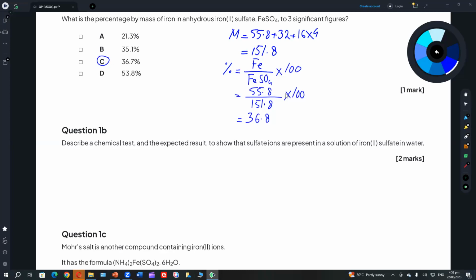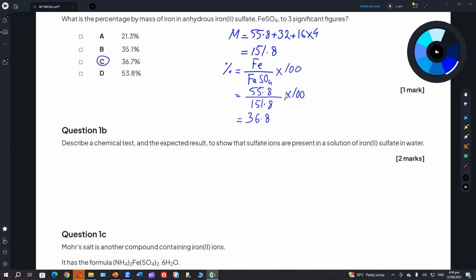But this is a memory game. This is a memory setup. So you need to remember that you have to acidify the solution and then add barium chloride.